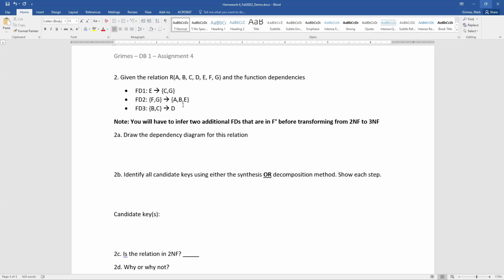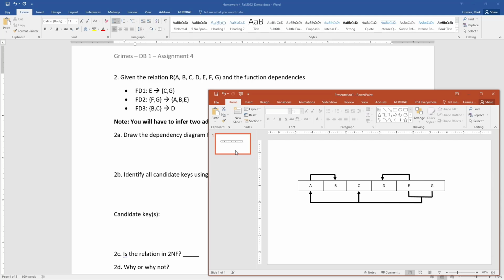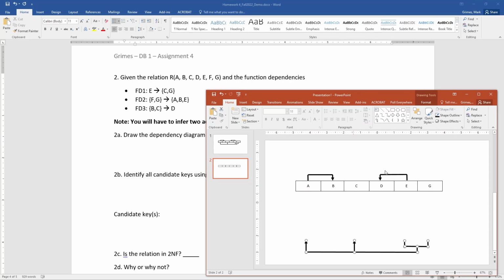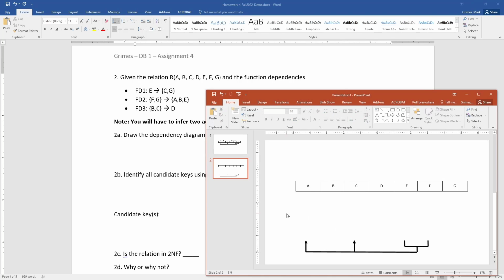Moving on to number 2, we have a new relation with these attributes A, B, C, D, E, F, G, and these functional dependencies here. So let's go ahead and start by drawing our dependency diagram. And I'm just going to use my diagram from last time as kind of a starting point. I'm just going to move some of this stuff out of the way. So A, B, C, D, E. Now we have F and G, so we'll do that.